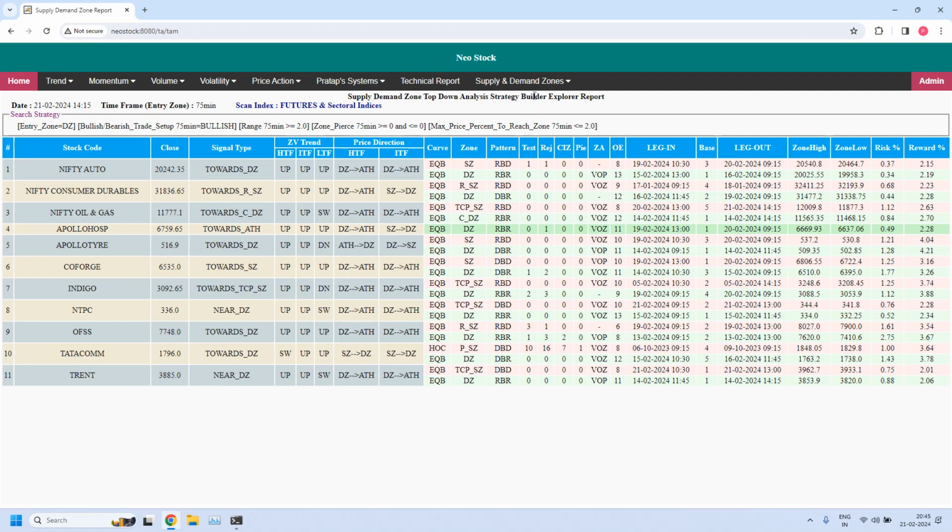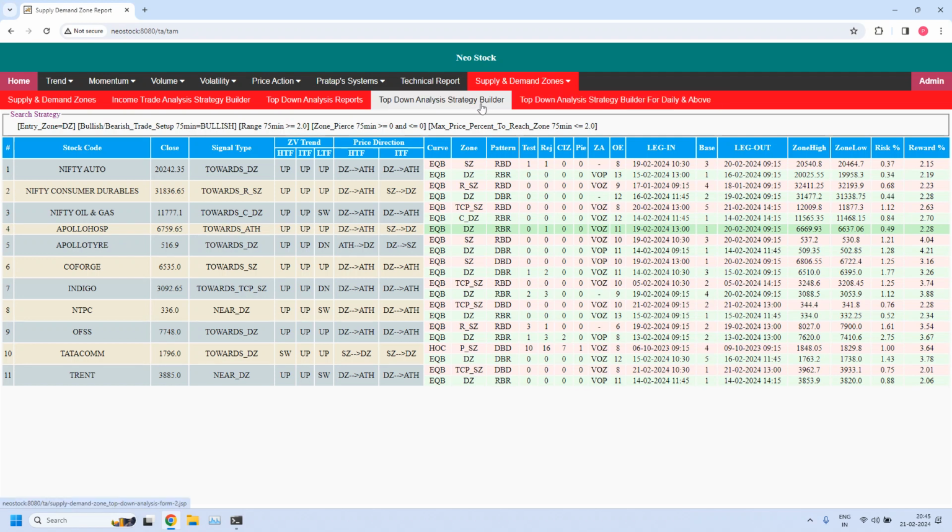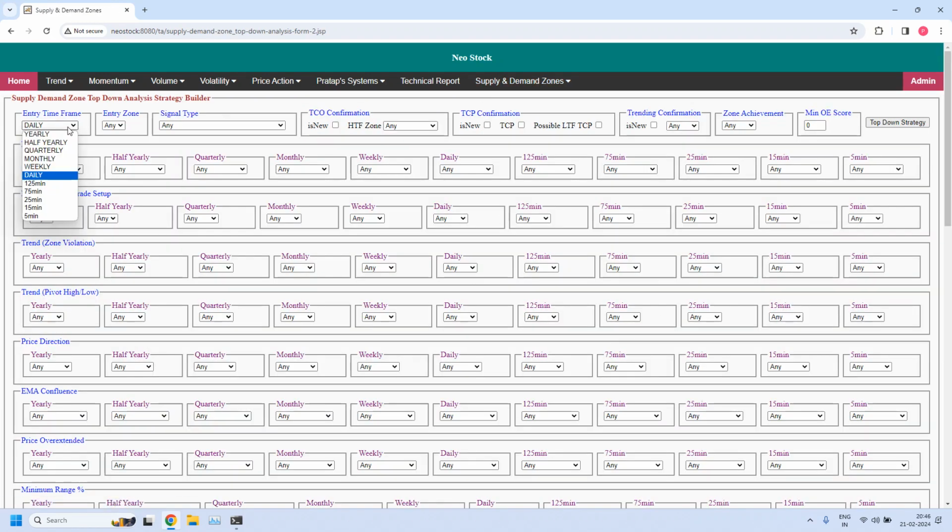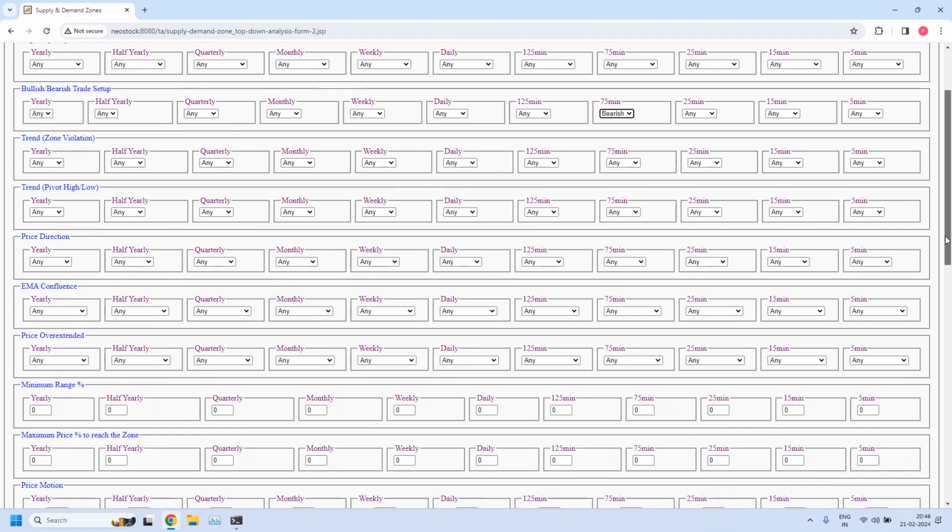Now let us generate bearish trade setup for weekly income trade. So entry time frame should be 75 minutes. Now entry zone should be supply zone. And in bullish or bearish trade setup at 75 minutes, I'm selecting bearish. We don't want pierced zones.